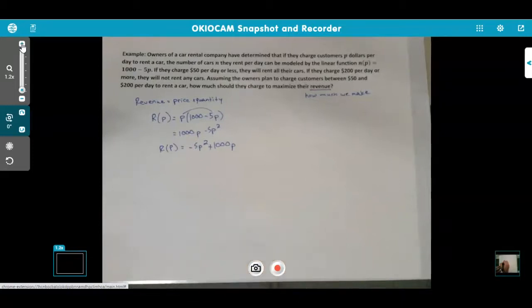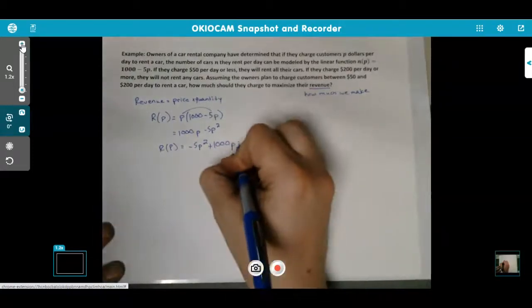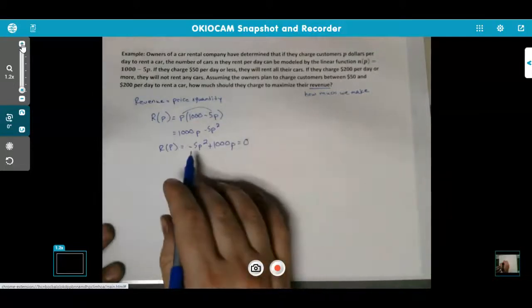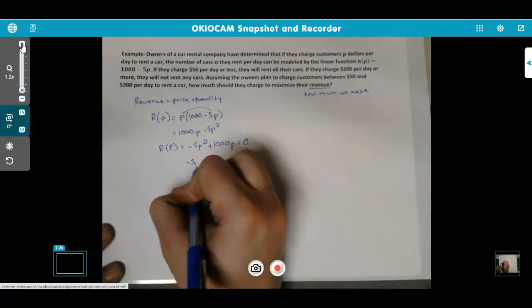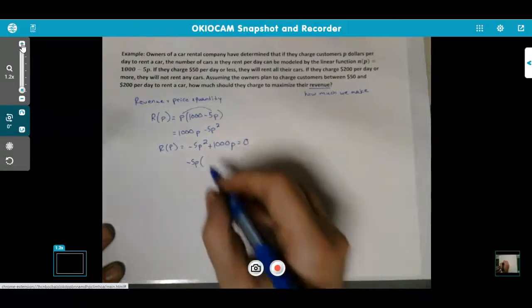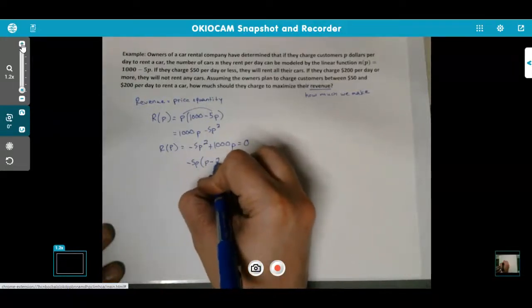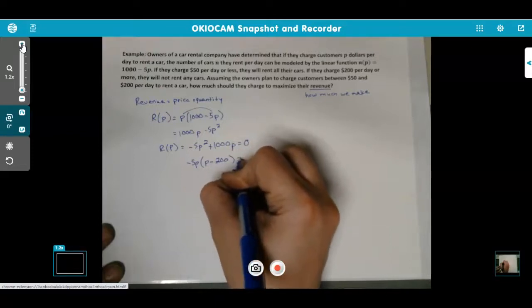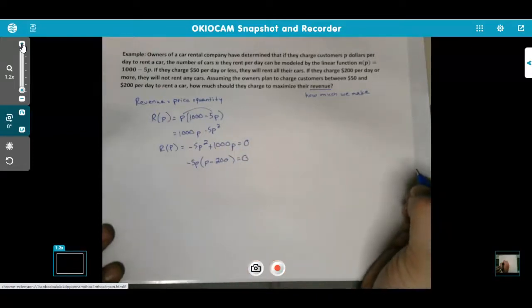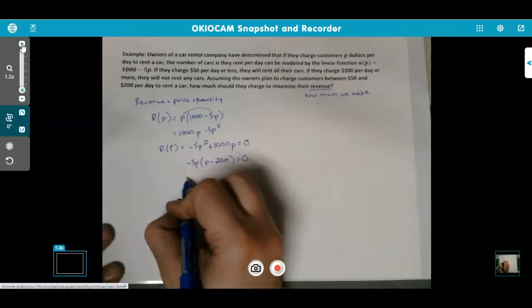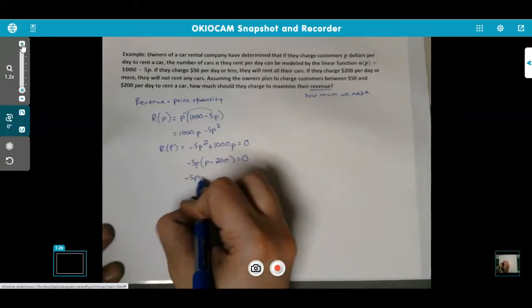So once again, I need to find the critical points. I do that by setting that equal to 0. Both of these have a factor of negative 5P, so let's factor that out. And so I'm left with P minus 200 equals 0. So then we're going to set each factor equal to 0.